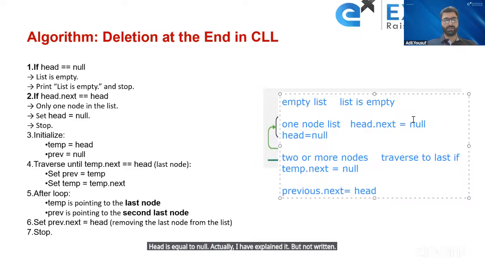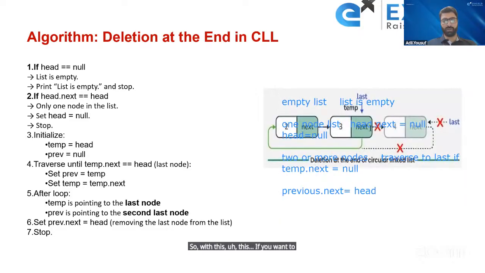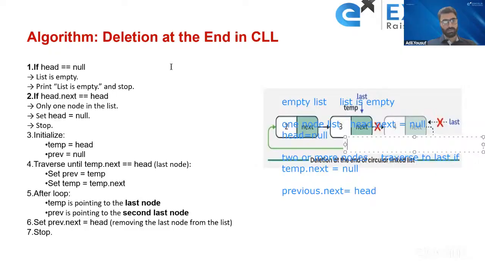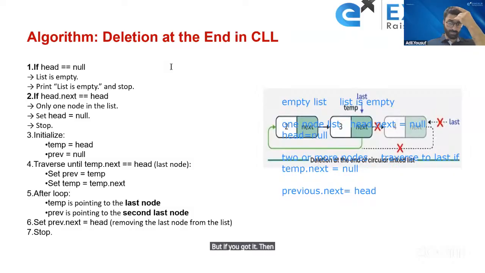So it is, how do we delete a node at the end of a circular linked list? If you want to take a screenshot of it, you can, but I guess I have written it at a wrong place. But if you got it, then it is fine.